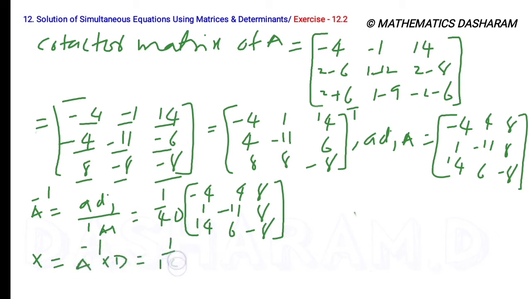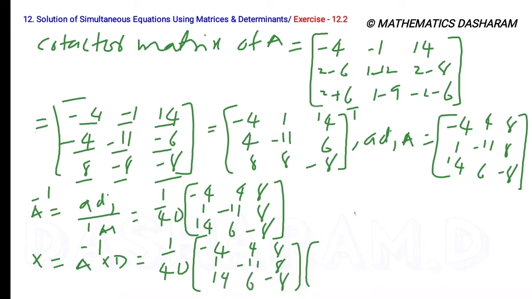A inverse is 1 by 40 into minus 4, 4, 8, 1, minus 11, 8, 14, 6, minus 8, multiplied with the D matrix, that is 6, 2, 7.